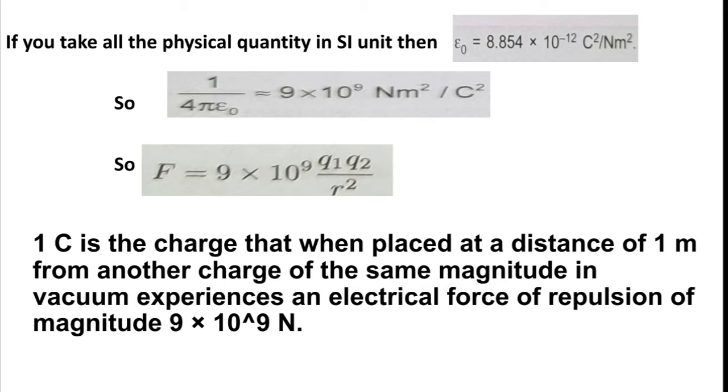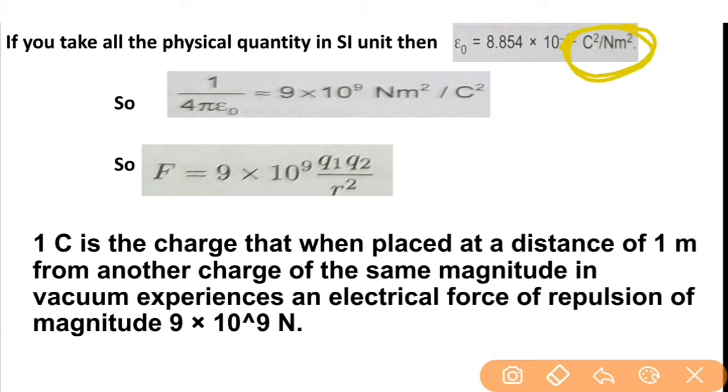That is the unit of epsilon, the permittivity of a medium, here the air medium. If we put this value of epsilon 0, we get 1 by 4 pi epsilon 0 equals 9 into 10 to the power 9 Newton meter square per Coulomb square.